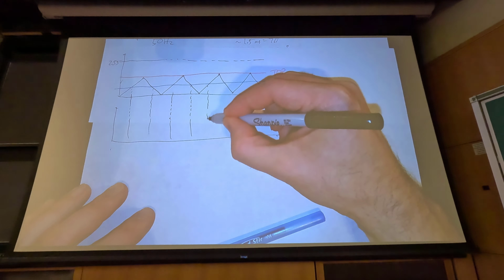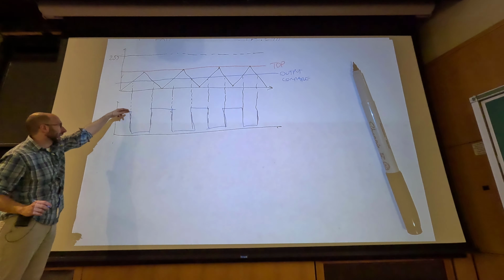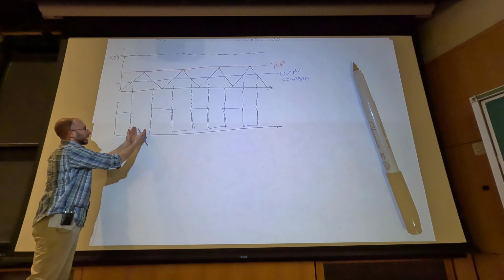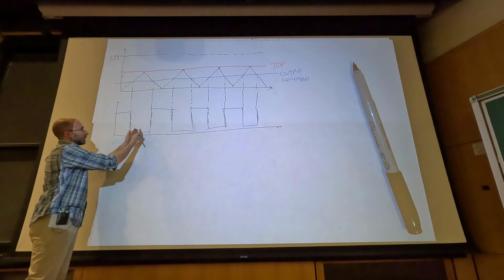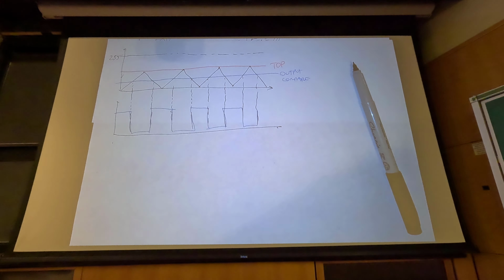So if the pin starts out high, goes low when those lines intersect, and so on, then the resulting PWM signal is going to look like this, where now if I move the output compare value up, this is assuming I'm clearing on up counting, then the low part of that pulse is going to shrink. So higher output compare value means higher duty cycle.